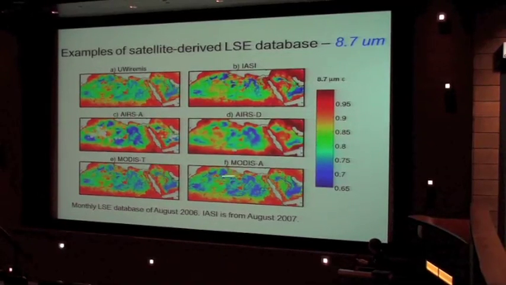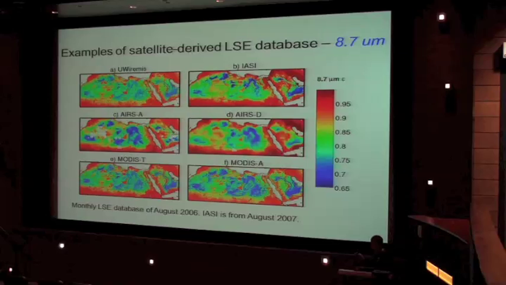Here I have 6 different satellite-derived emissivity products for 8.7 micron. From the bottom to top, the operational MODIS products from Terra and Aqua, and the operational AIRS from ascending orbits and descending orbits. And this is the UWIREMIS image by Eva, she's somewhere. And the IASI from NASA. So just look at these figures.